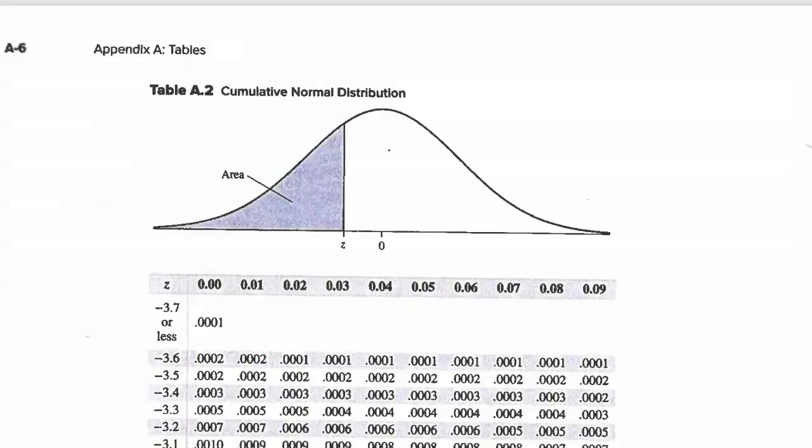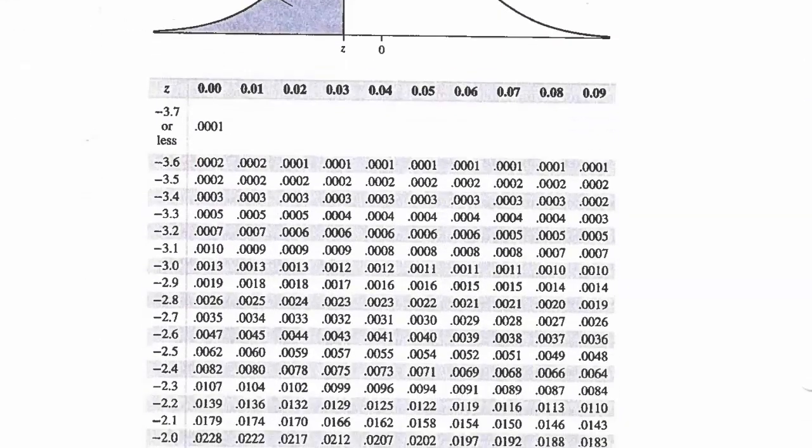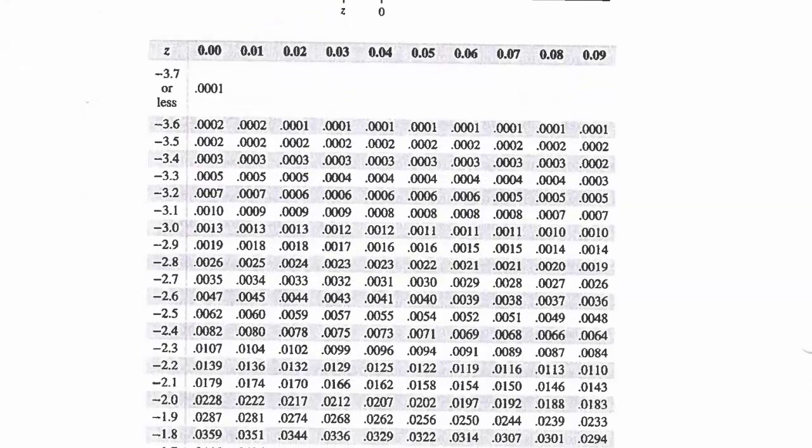So what happens is I start looking in this part for the 0.45. I'm not looking for 0.45 out here, I'm looking for it in here. So I start right here and follow down until I get to about a 0.4.